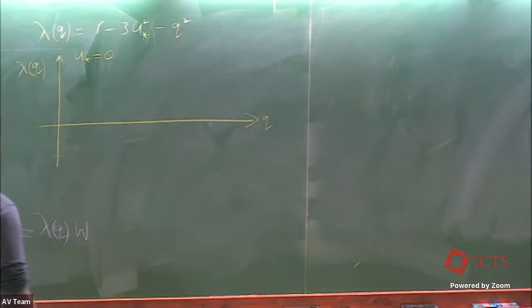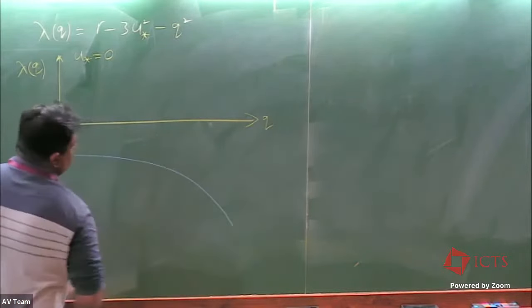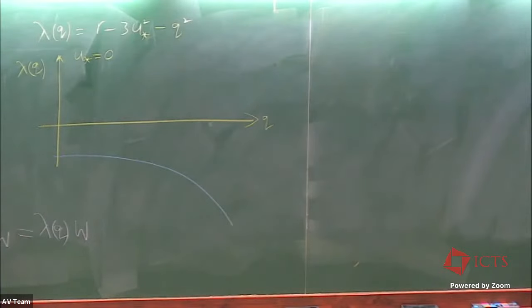So at R equal to some negative value, it starts from some negative value, and then it goes quadratically down. Does it make sense? Yes, no? Okay. Yes.